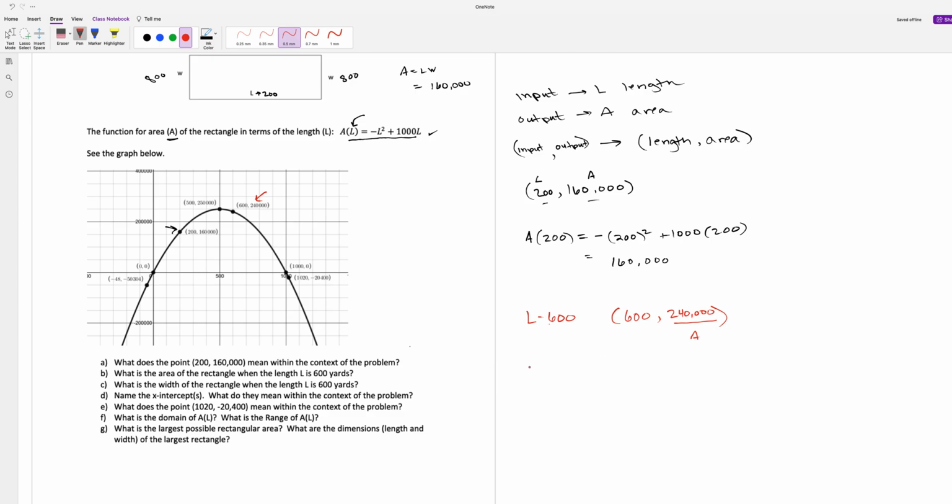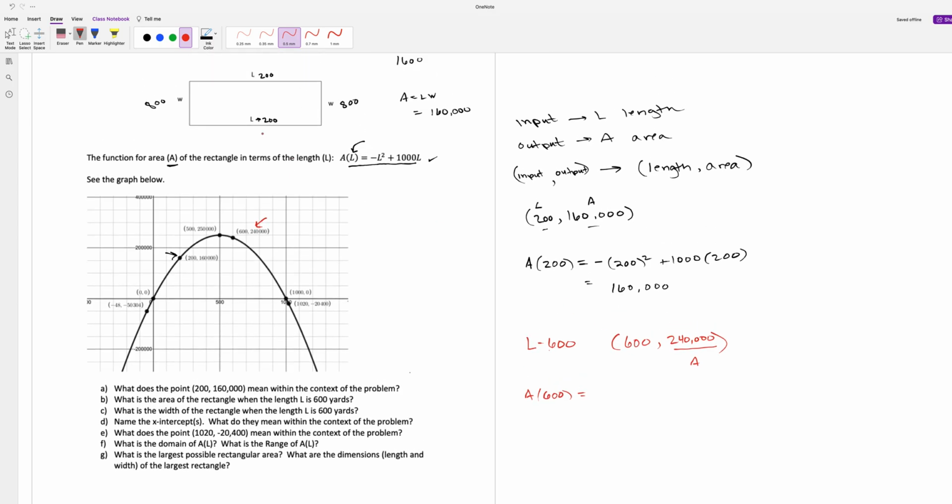Again, I could also see this by finding A of 600, and by playing around with the diagram. If L is 600, then this would also be 600. Together that makes 1,200.